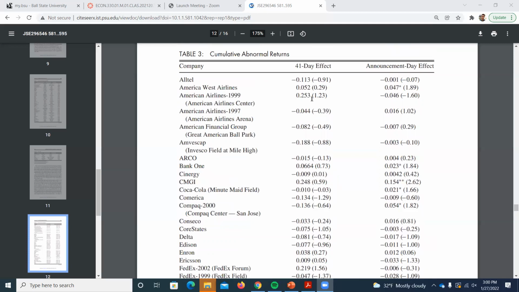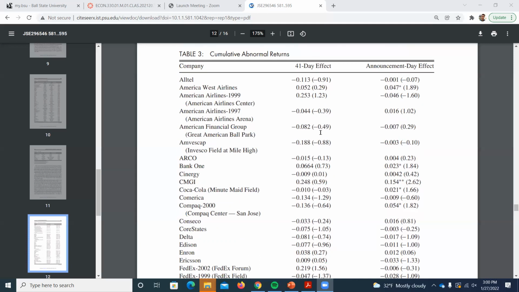Now, can't say they're any different from 0, but there's only one of them here. So what this is really telling me is that the day after, people overreact to this news, the stock price goes up, but then in the long run, they realize, oh yeah, the company hasn't changed its ways. They just decided to purchase naming rights. They're still producing the product in the same way. They still have the same cost structure for their employees. Nothing's changed 41 days out, and the stock price goes back to what it was.